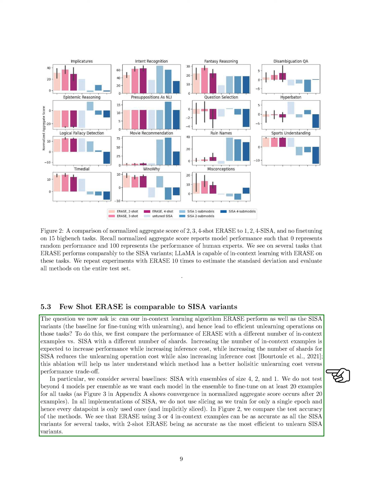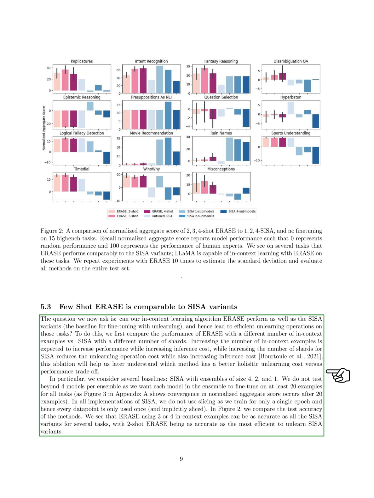Next, we questioned whether our ERASE method could match the performance of SISA variants, which are a baseline for fine-tuning models with unlearning capabilities. We compared ERASE's performance using different numbers of in-context examples against SISA's performance using different numbers of shards.